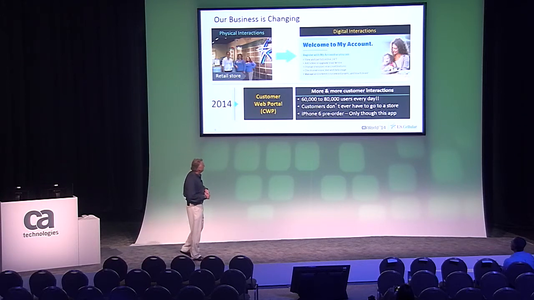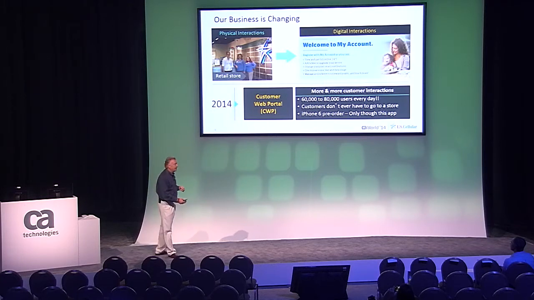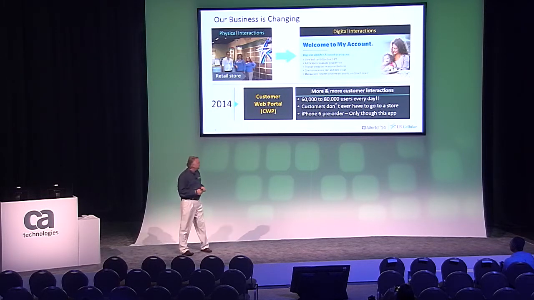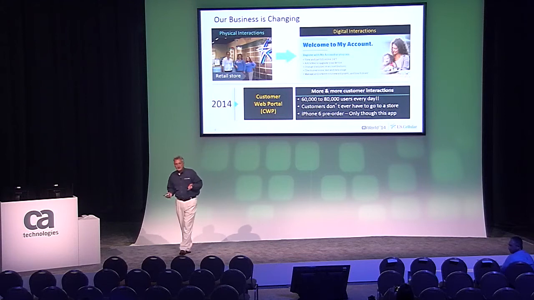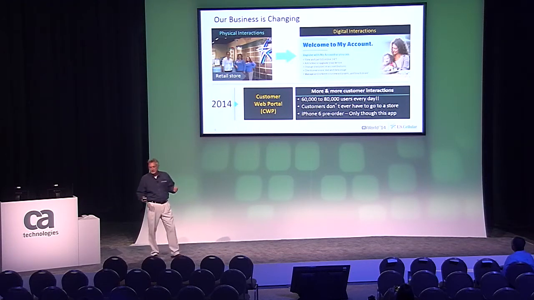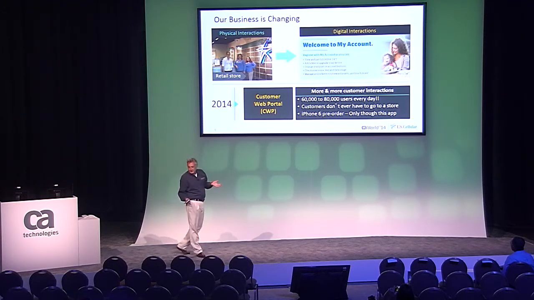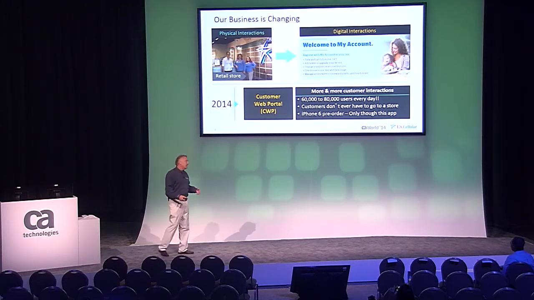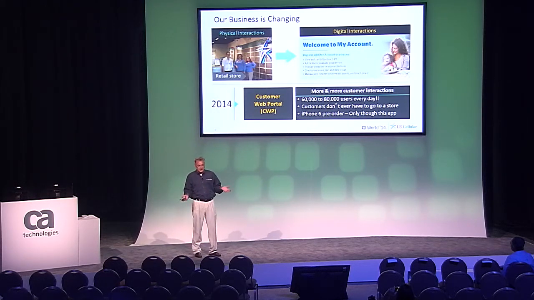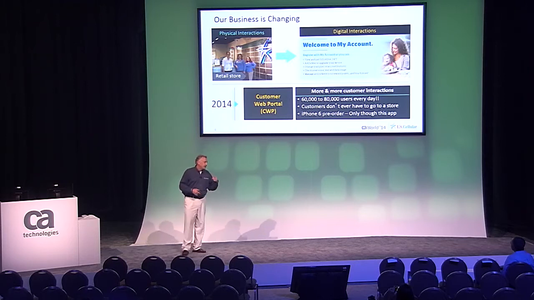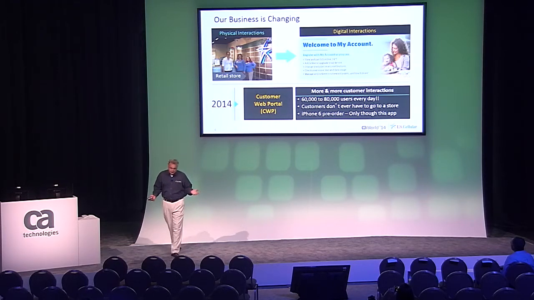A few years back, we launched our own customer web portal, which we brand as My Account. In our web portal, you can view your bill, view your call detail, pay your bill, and set up recurring payments. You can add features to your account, add a line to your account, buy accessories, and check your near real-time usage for voice, data, and SMS.